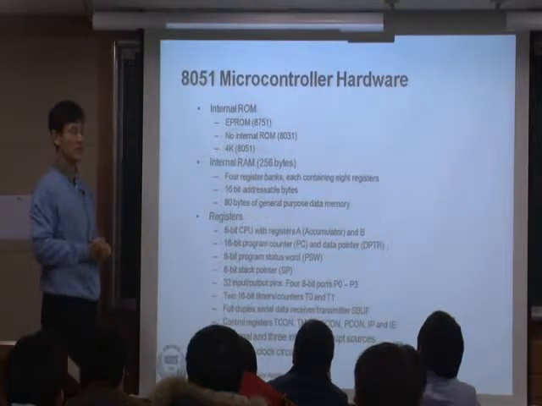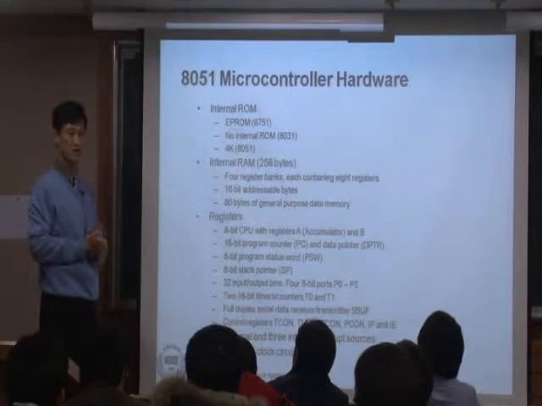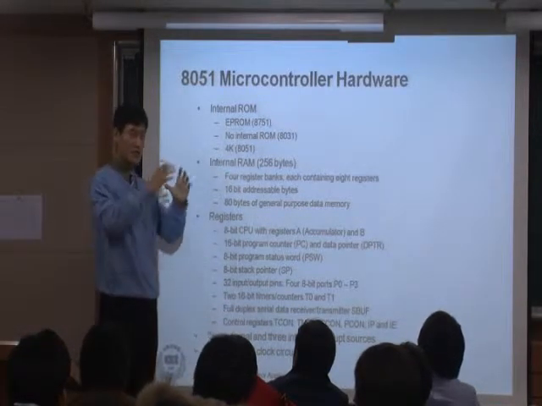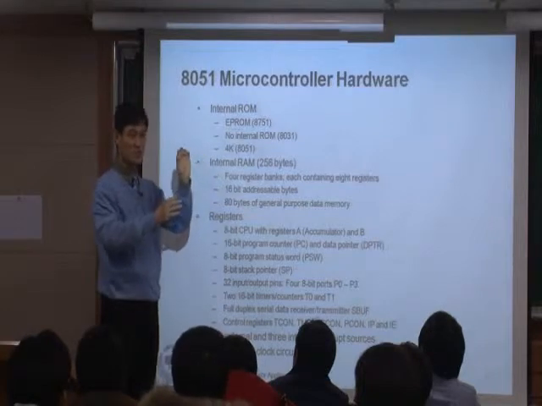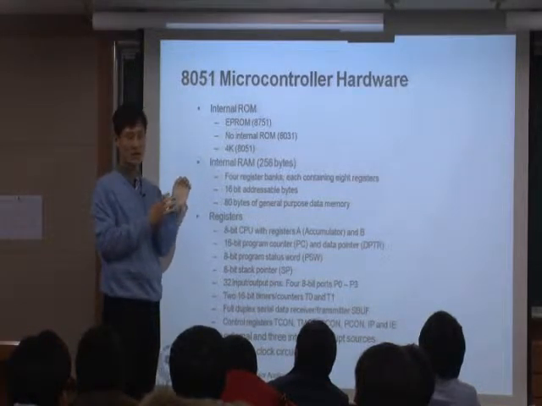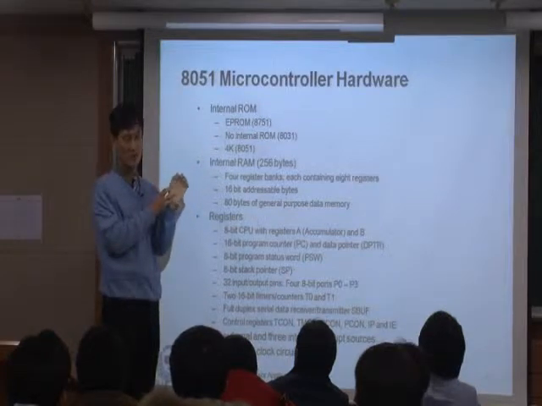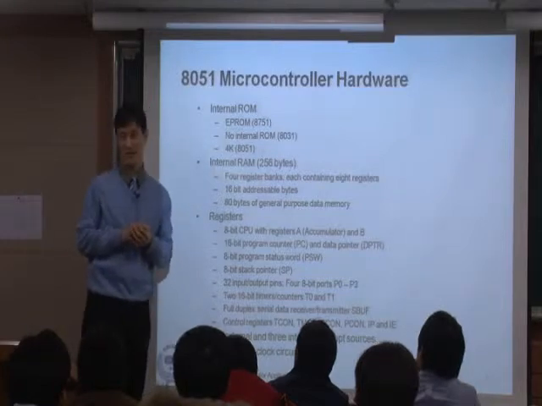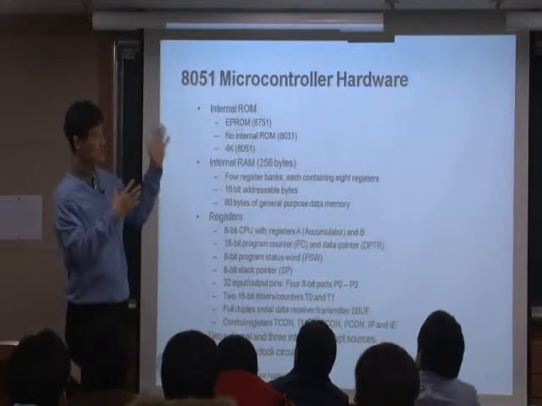Let's say in home appliances, let's think about a washing machine. Let's go to your home and see your washing machine. Inside the washing machine, you have some chip called a microcontroller. That one, you don't call a microprocessor. You call that a microcontroller. So what's the difference between the washing machine and your PC?